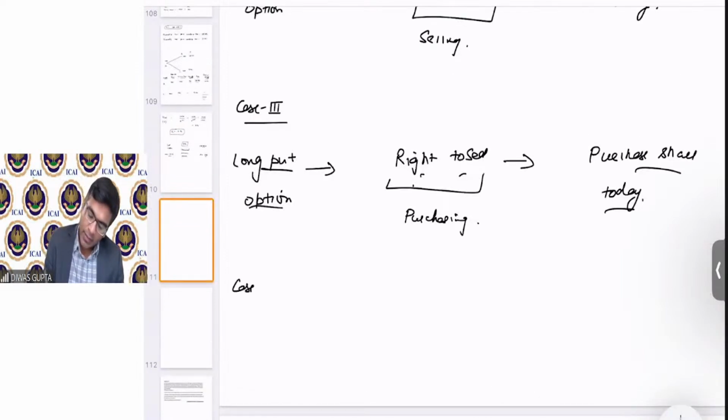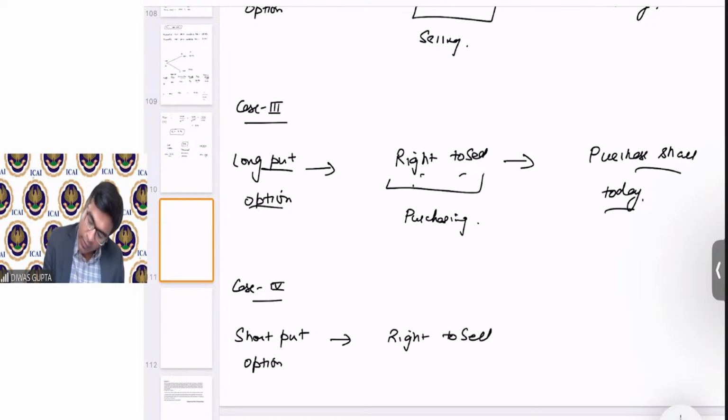Then case 4, students. If I have done a short put option, that means the right to sell is actually being sold, correct? I am selling the right to sell. That is called a short.